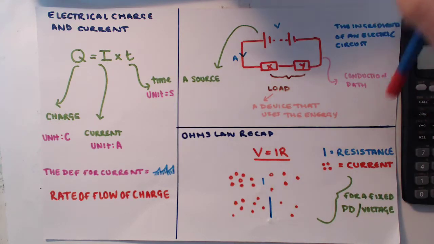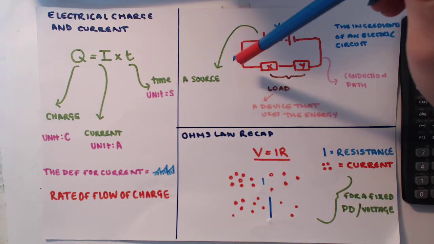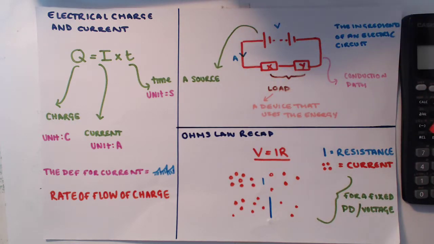Over here we have a circuit, and this shows the ingredients that make up an electric circuit. You have a source, you have some wires, the conduction path to let the electricity flow, then you have the load, something that uses up the energy. The source over here is a battery. Remember, a battery is just loads of cells added together, and that's the symbol for a battery.